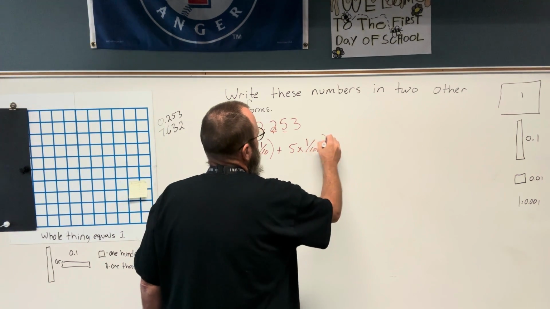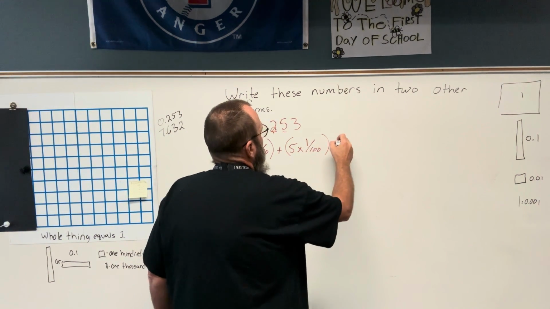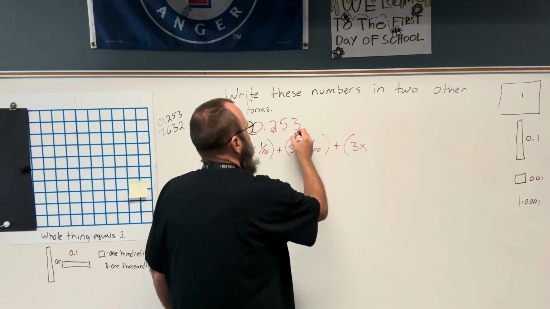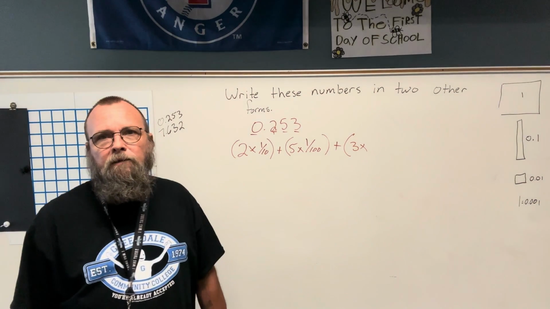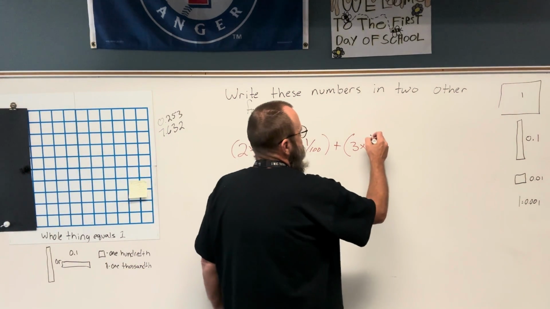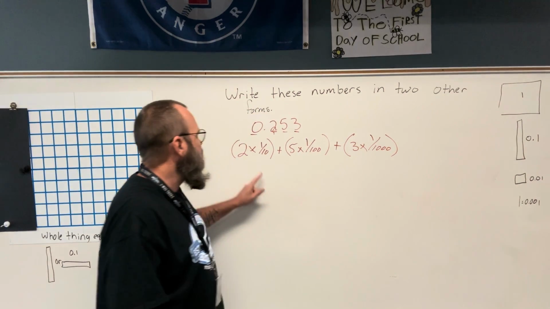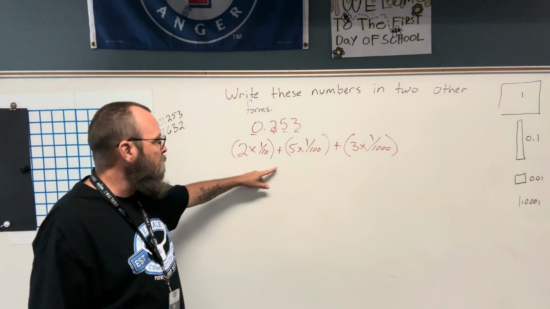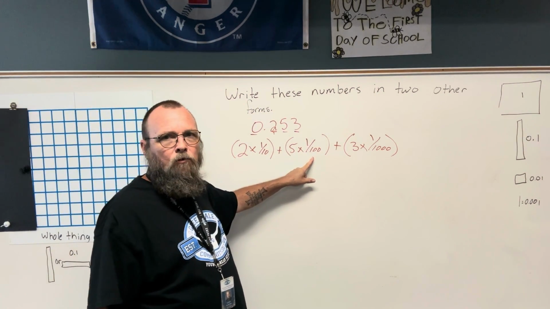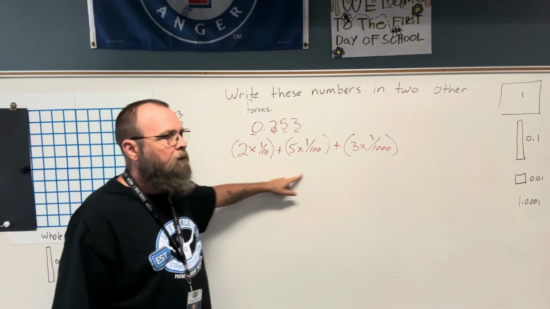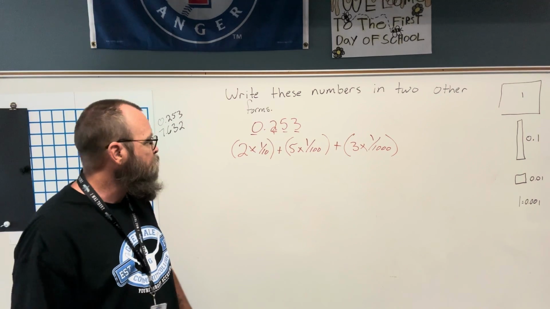Hundredths. Plus 3 times what place value is the 3 in? The thousandths. Now instead, if you use 0.1, 0.01, 0.001 instead of the fractions, that's fine as well.